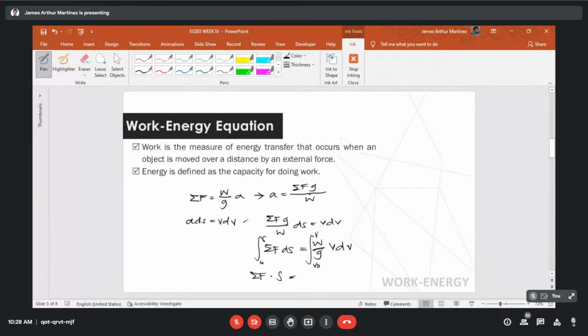Equal now to, of course, the weight of the object is constant as well as the gravitational force g. So take those out, then evaluate the integral of v dv. So meaning we have v squared over 2, then from initial to final.